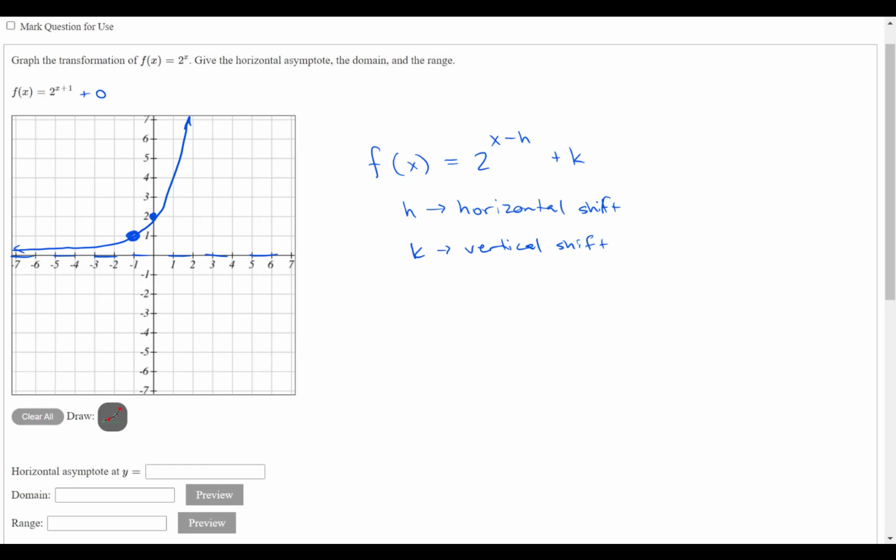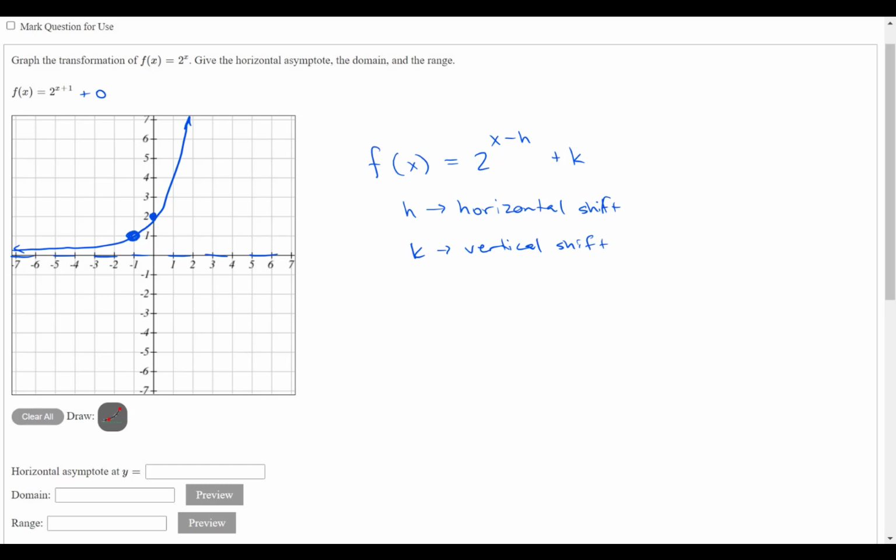If it were base 3, you'd go over 1 and up 2. There are different values that you go up and down per different bases. But all the functions you're going to work in this class will have base 2. So once you find this point, just go right 1 and up 1 to find another.